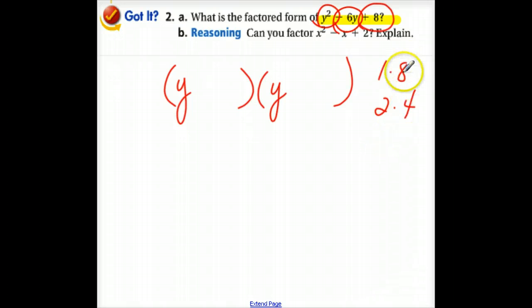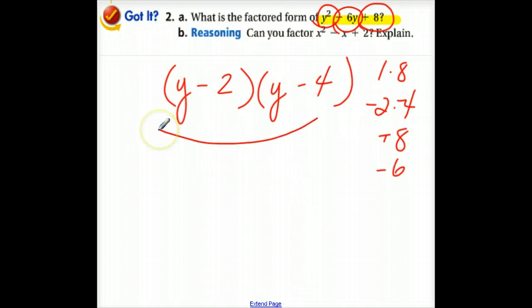Alright, so thinking here, if I had both of these negative, negative 4 times negative 2 still equals a positive 8. And when I add them, it's a negative 6, so this will work. Negative 4, negative 2. This is my factored form of the trinomial.